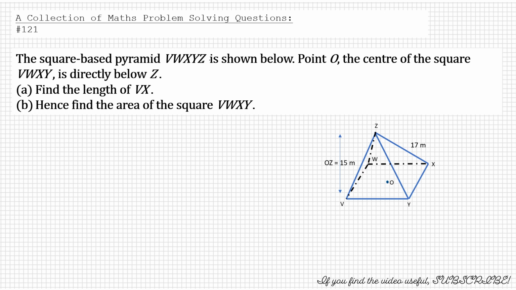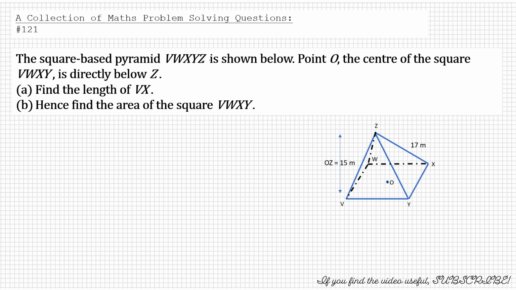Now, for this question, if you note that VX is actually the diagonal of the square VWXY, and the diagonal passes through O, being the center at the base of the pyramid.